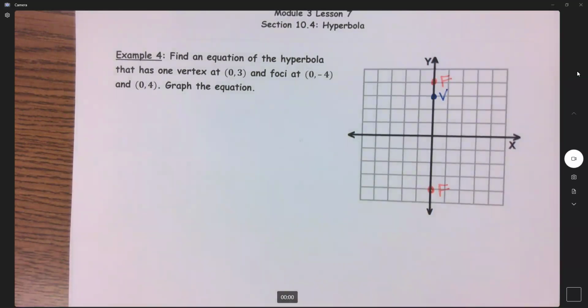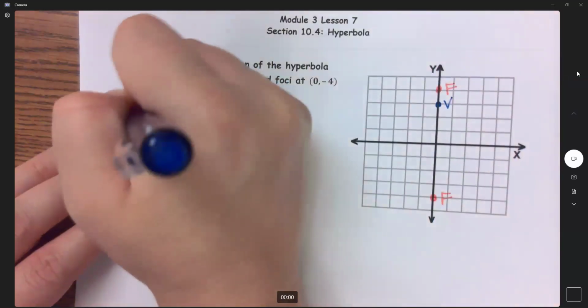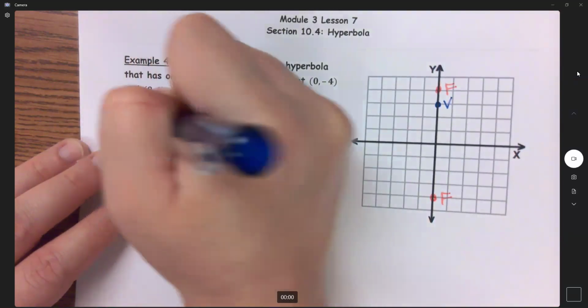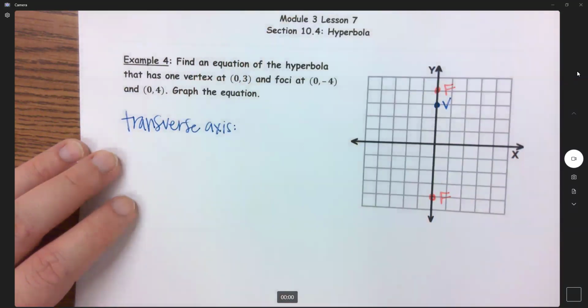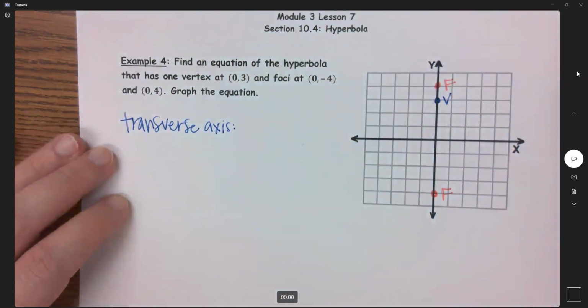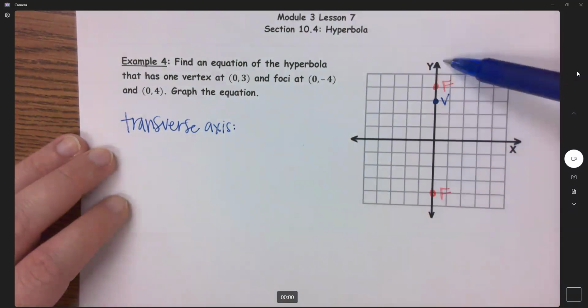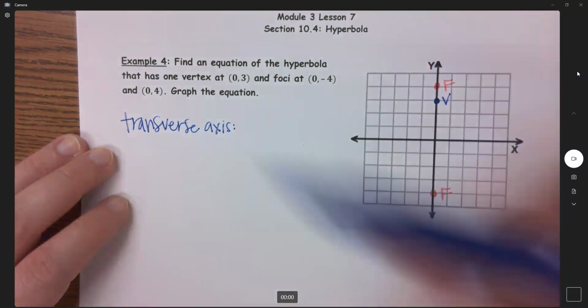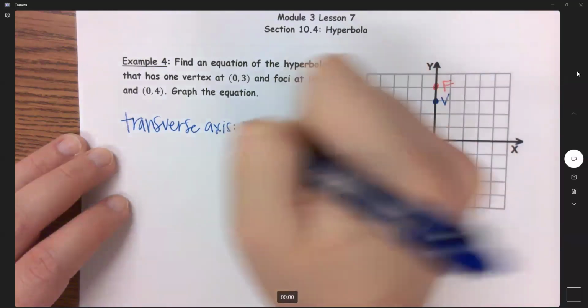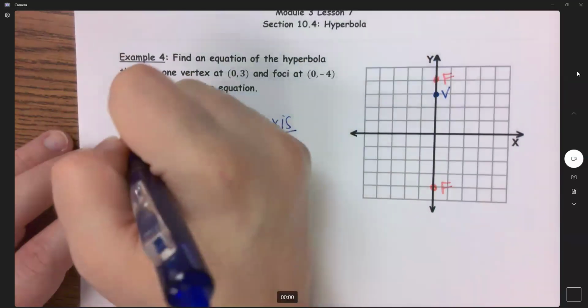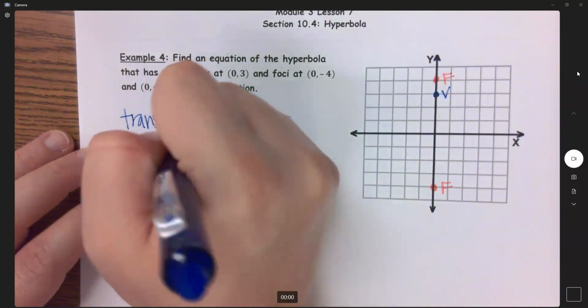So first things first, I always start with transverse axis. What is my transverse axis here? Well, all of my important points that they have given me are right here on the y-axis. Next thing, where is the center at?